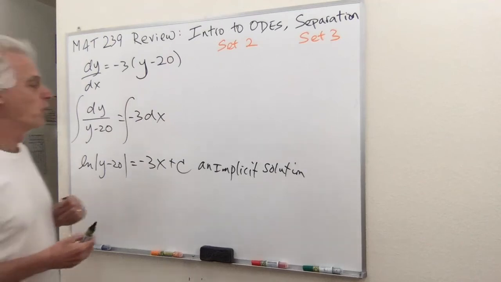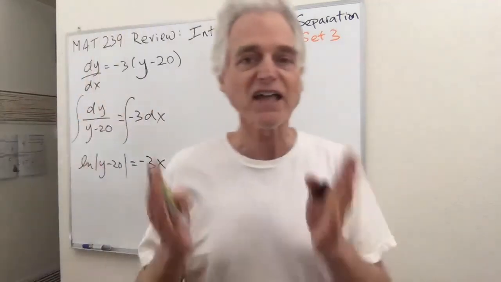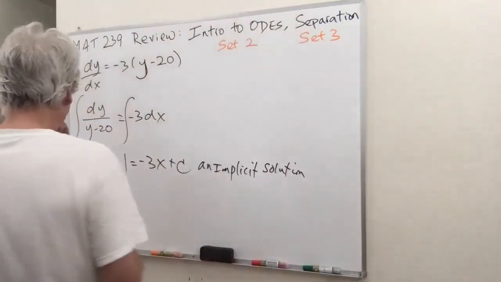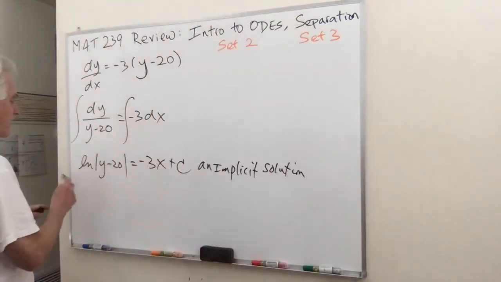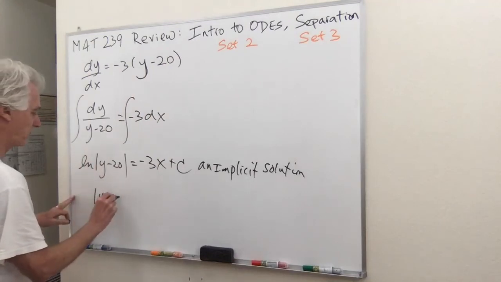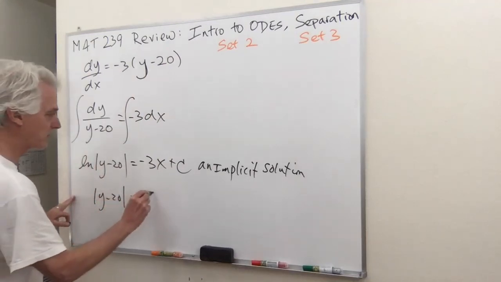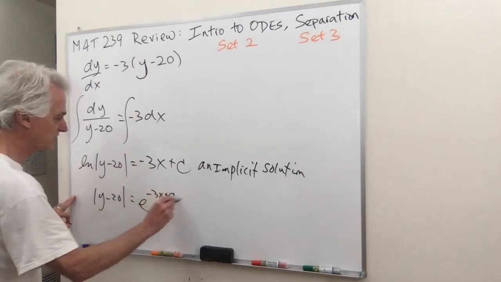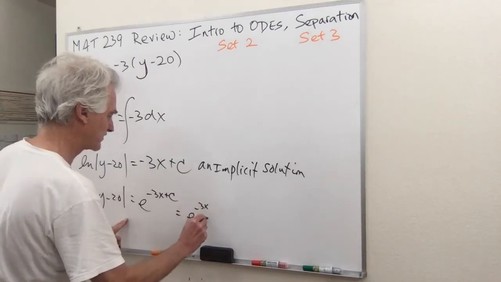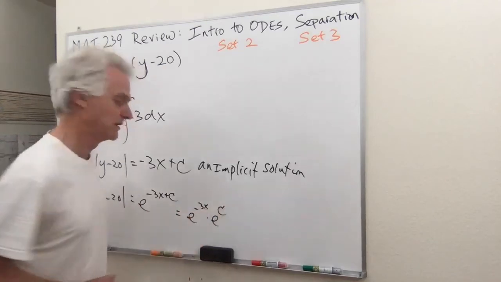All right, but we often want to find an explicit solution. We want to find y as a function of x. Okay, so I can take e to both sides. I get absolute value of y minus 20 is e to the minus 3x plus c. Oh, and that is equal to e to the minus 3x times e to the c.